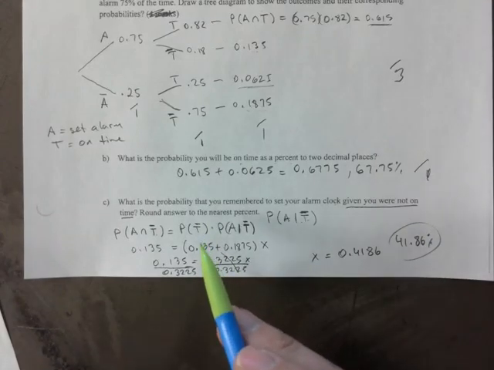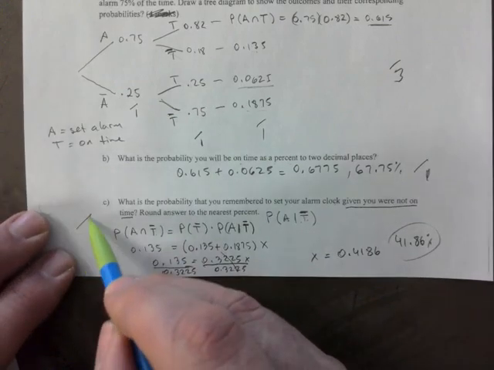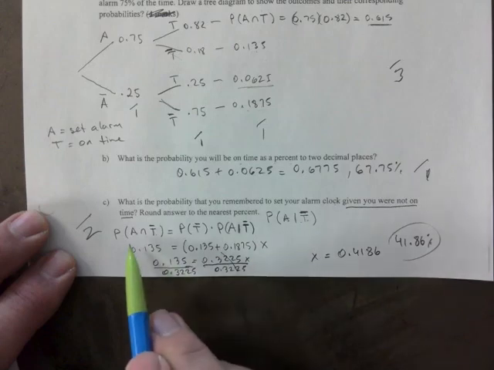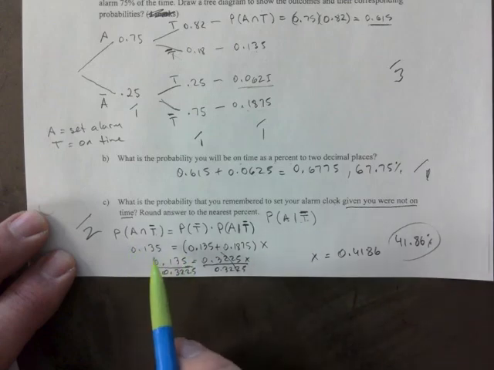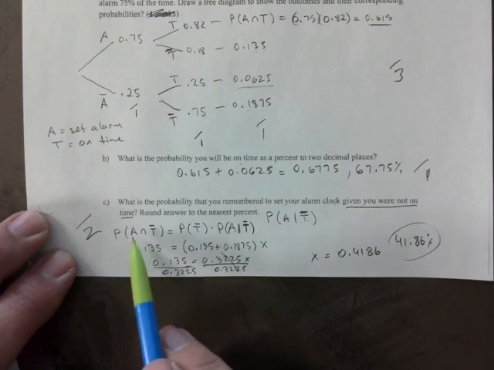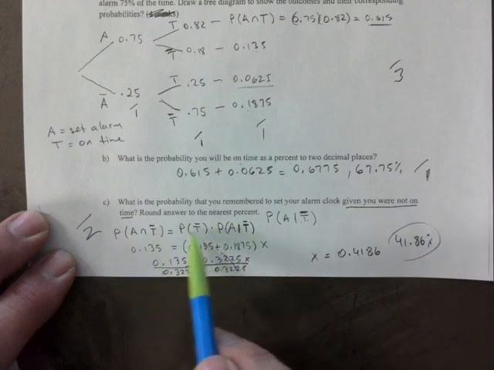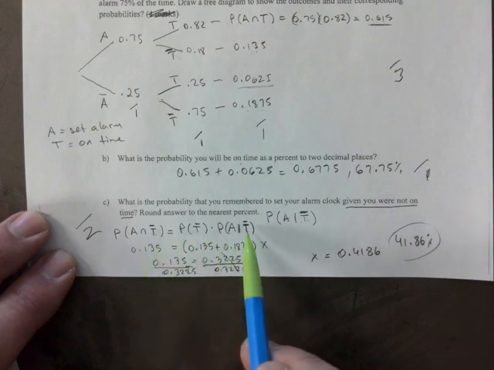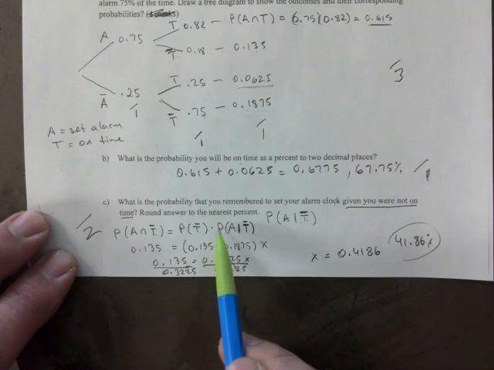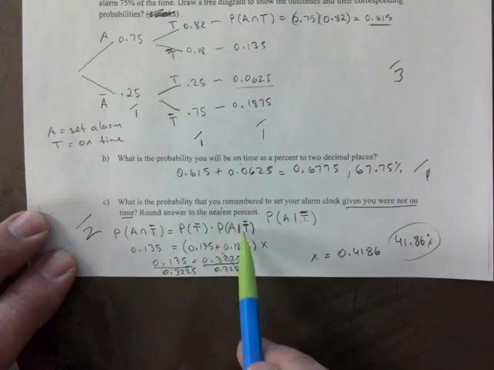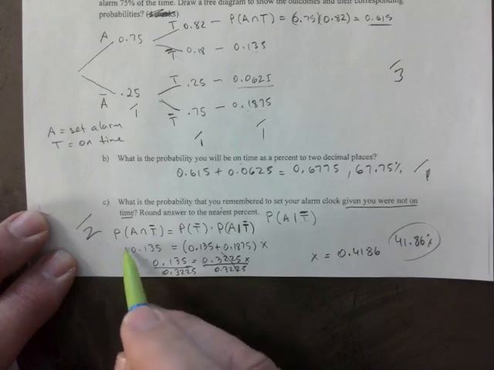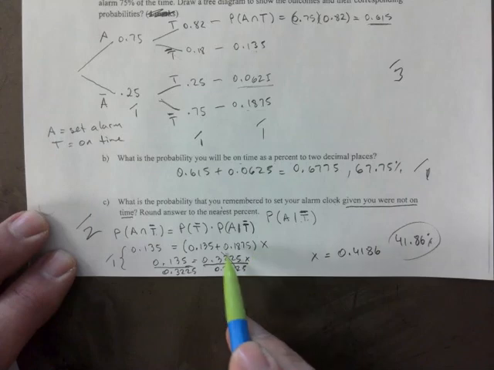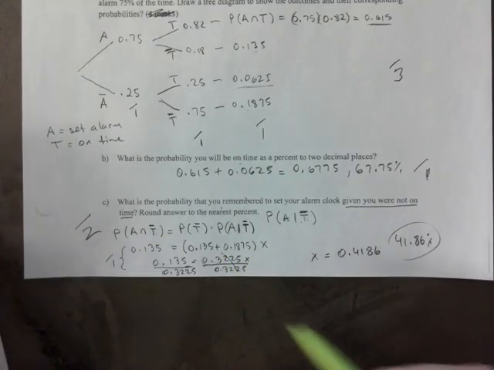This one I will give you 2 marks for. So I will basically give you a mark if I see you setting it up like this. I will already give you a mark, because to me it is important that you realize what is happening. You're translating this statement into notation. And then I'll give you another mark for actually calculating and getting everything right.